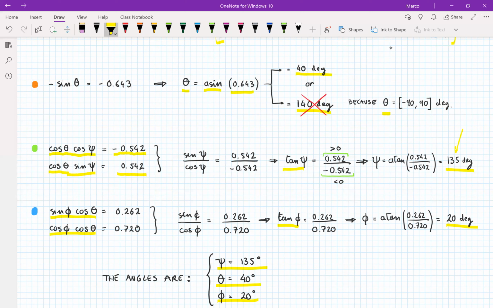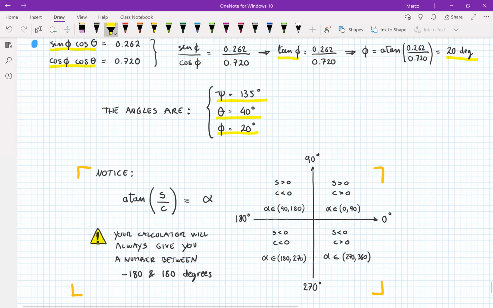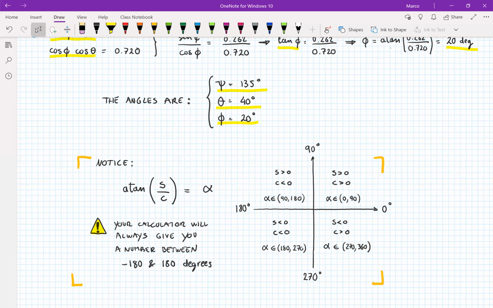Because you have to pay attention to the sign of the numerator and the denominator. So I'm going to explain it with this notation. Every time you're finding an angle using the arctangent function, you're going to have a numerator and a denominator.